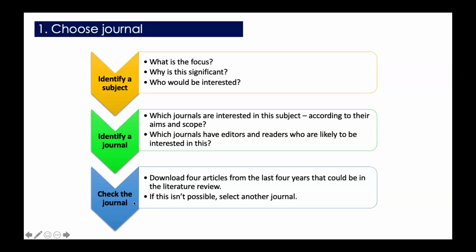Another one is to check the journal. Download at least four, I put it here, at least four articles from the last 4 years that could be in the literature review, meaning that we get to know which articles are related to our scope of study, which align with our study, or maybe show a limitation that from our study we can fill up, or we can fill the gap, or maybe answer the question from a previous study.